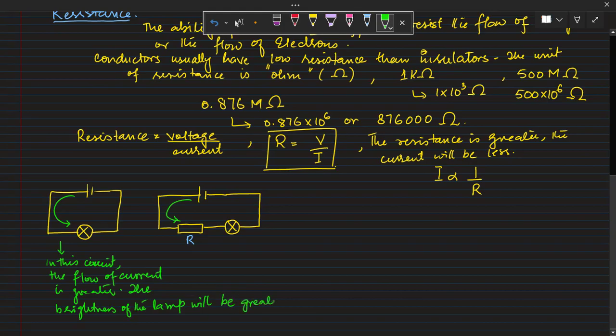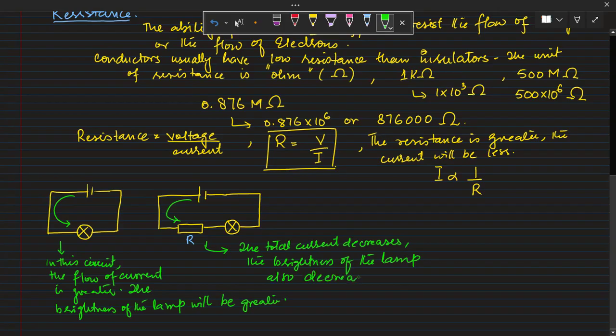Now, when the resistance is connected, the total current decreases, and the brightness of the lamp would also decrease, right? So this is the effect that happens in the circuit when you connect the resistance.